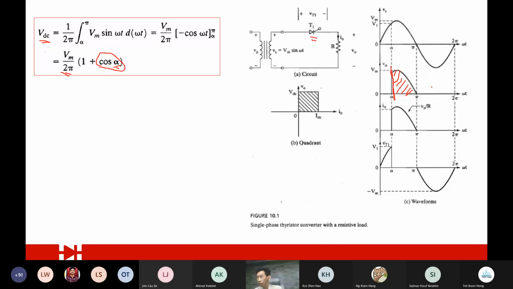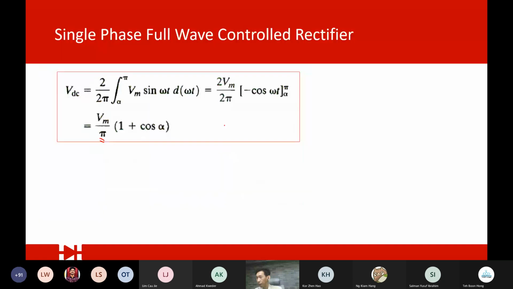But for full wave, because both halves are rectified already, you only need to take account of the pi. So there's a difference. The rest is the same. The firing angle is also the same. The only difference is this one.